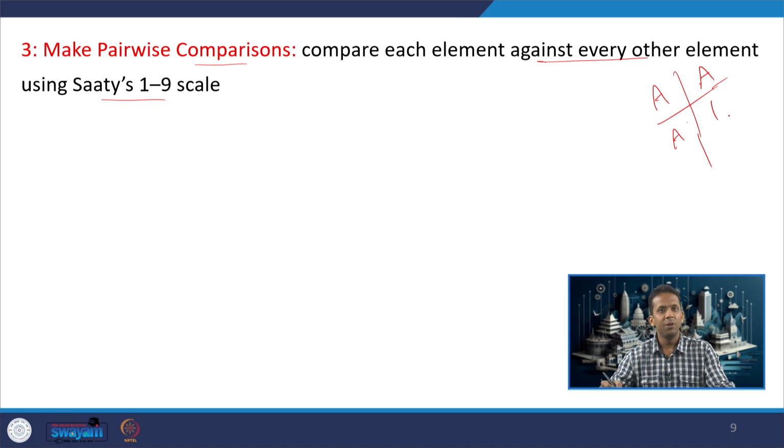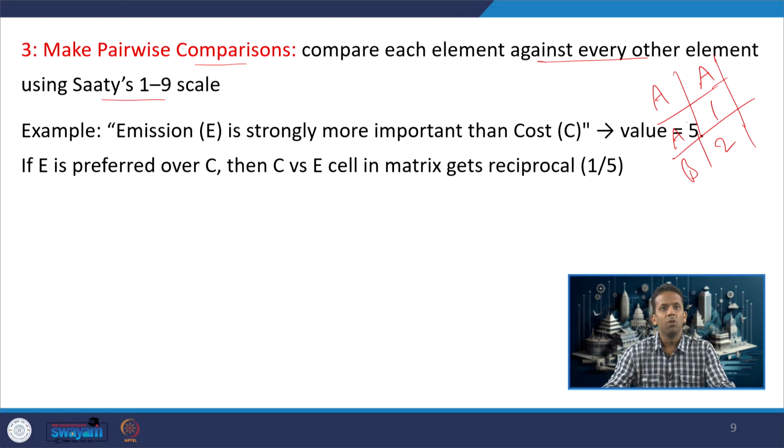So, the value here would be 1. Now, if I have to compare A with, say, B, and if I say B is 2 times more important than A, here the value would be 2. So, if emission is strongly more important than cost and emission has value 5, and if E is preferred over C, then the C versus E cell in the matrix will get the reciprocal, 1 by 5.